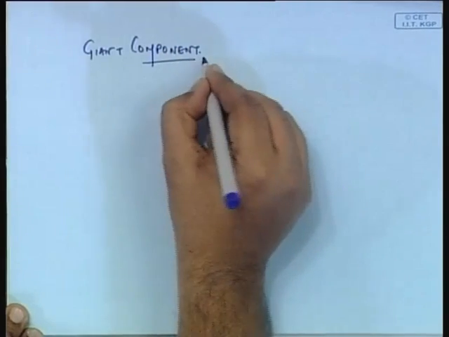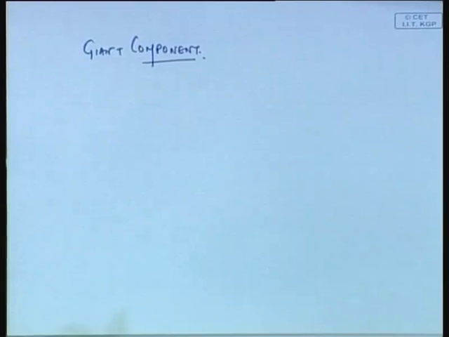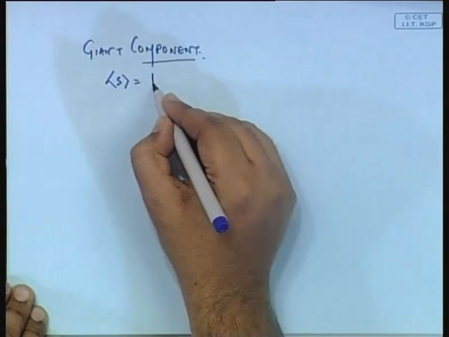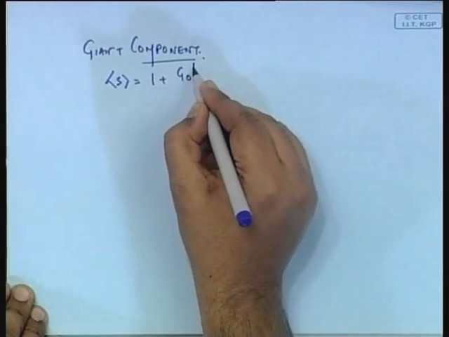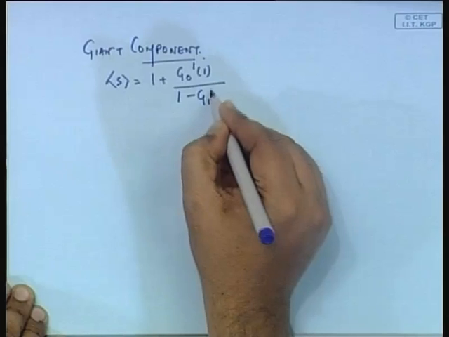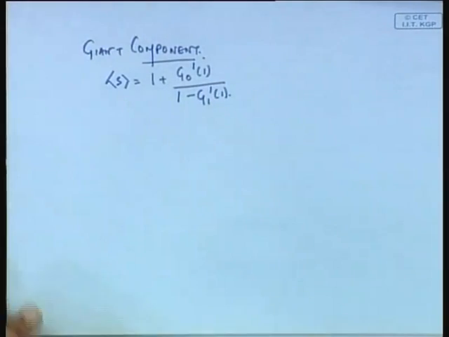Okay, great. So, the last question which we can ask is about the giant component. What is the formula for the giant component? Let me do a quick review. This was the average component size, if you remember.